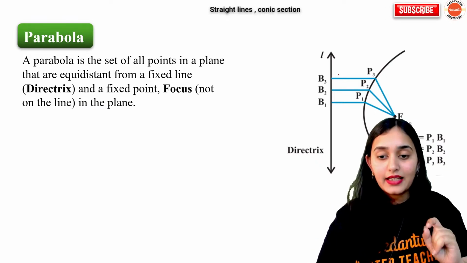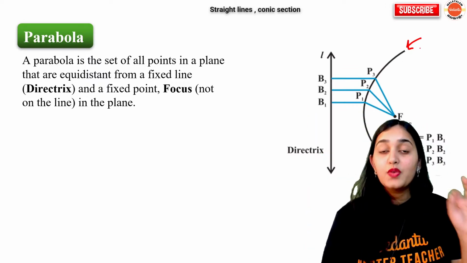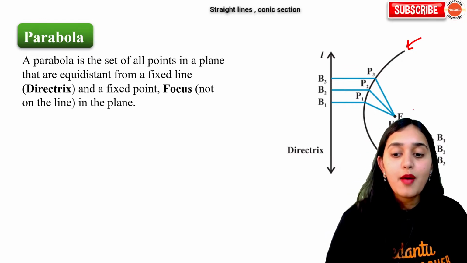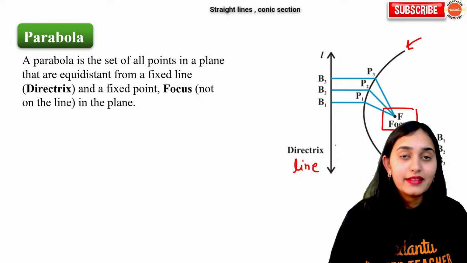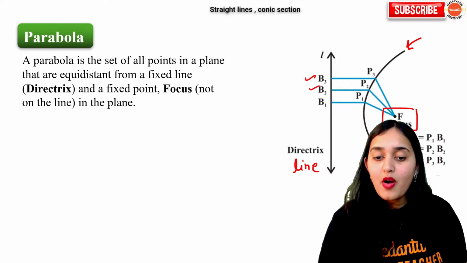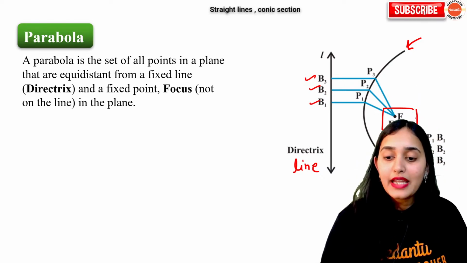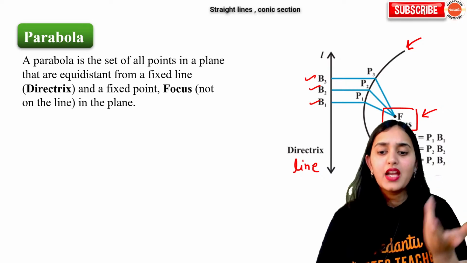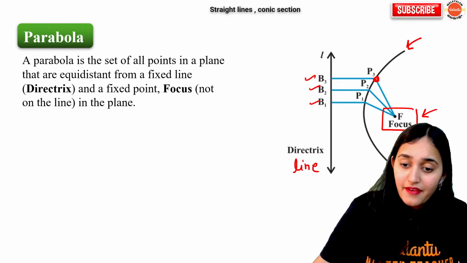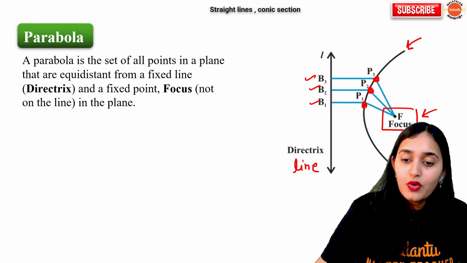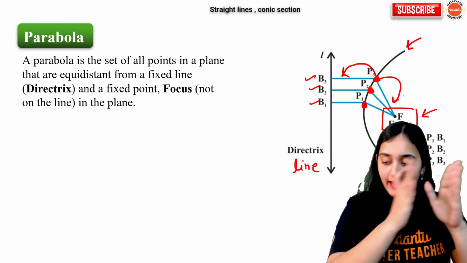It is basically a set of points which are equidistant from a focal point and from a directrix line. That means if you take 3 points on the directrix line B1, B2, B3, and if you take the focus, the coordinate of focus can be anything x, y, then every point on this parabola will be at equal distance from the focus and the directrix.